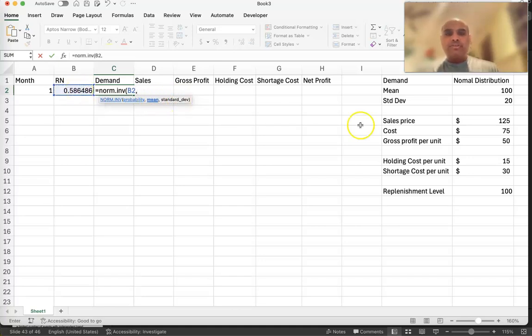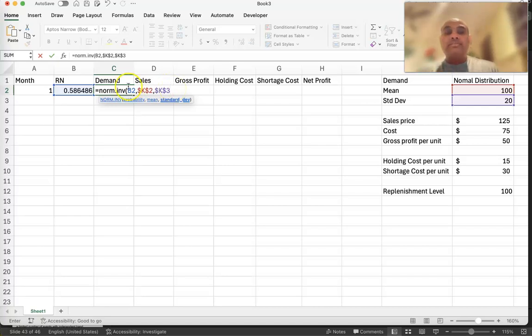Now, mean and standard deviation: we know mean is 100. I'll make that an absolute reference because 100 is always going to be there, and standard deviation is 20. Again, I'm going to make that an absolute reference. You'll notice that the probability number doesn't have an absolute reference because we're going to generate different random numbers and use different values, but the mean and standard deviation remain the same.